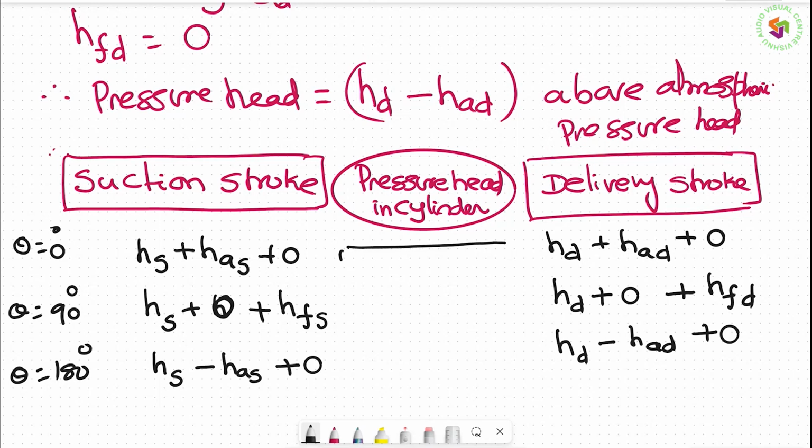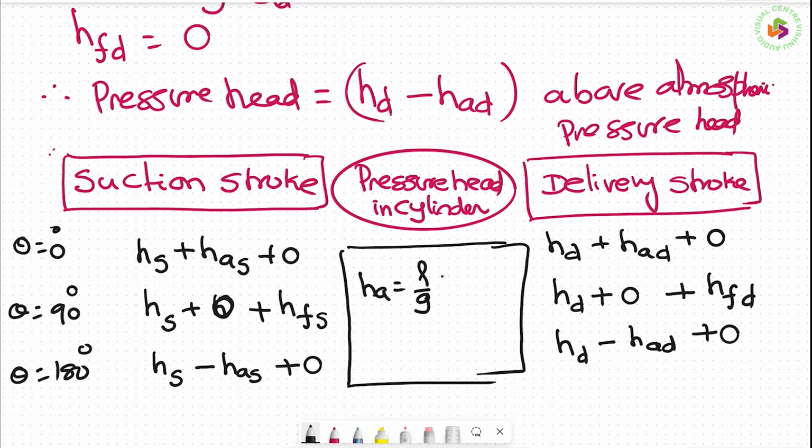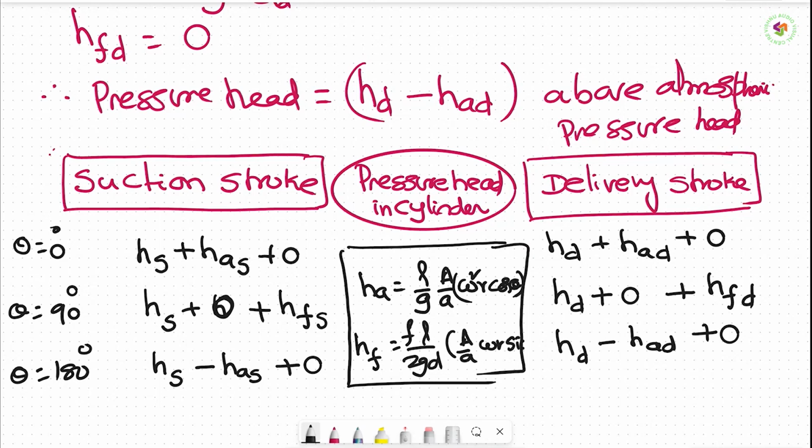And what is the variation actually? Because the general equation for HA is L by G, A by A, omega square R cos theta, whereas HF is equal to FL by 2GD into (A by A omega R sin theta) whole square.